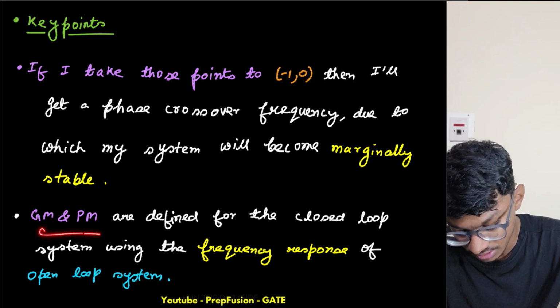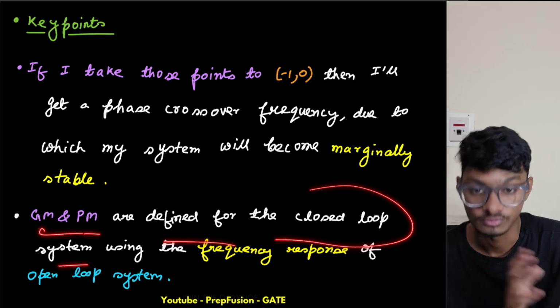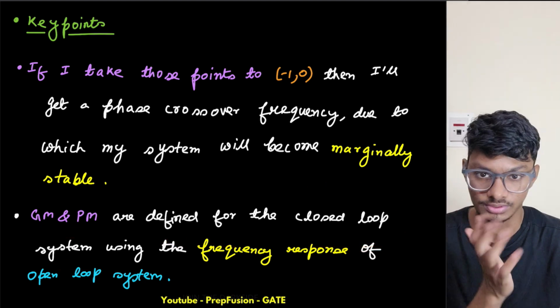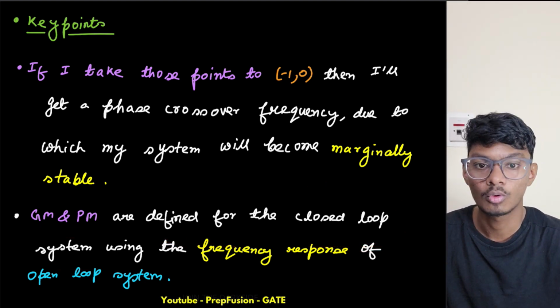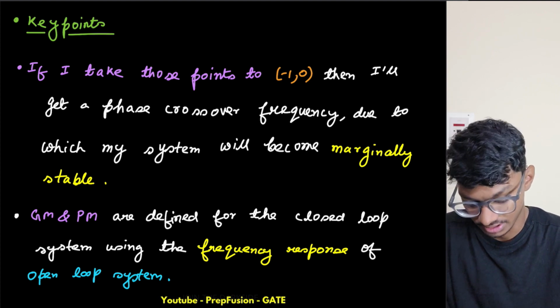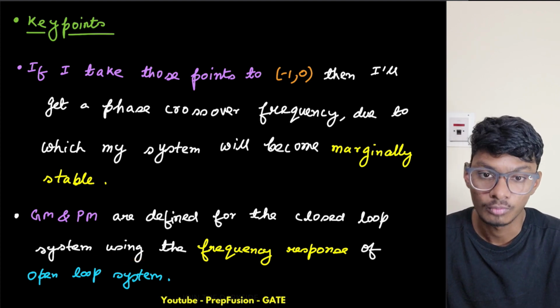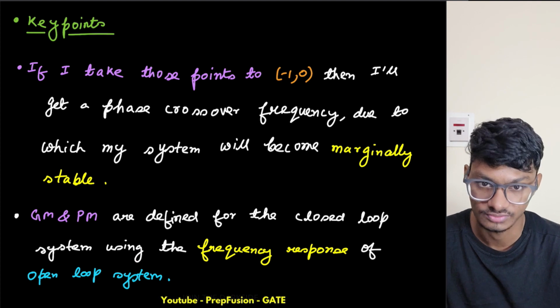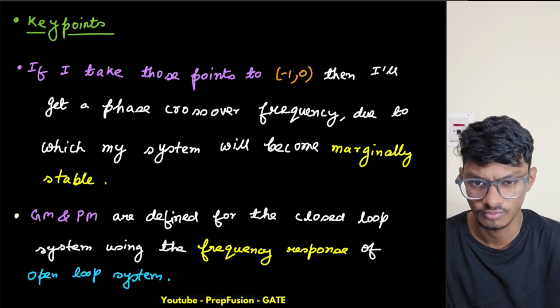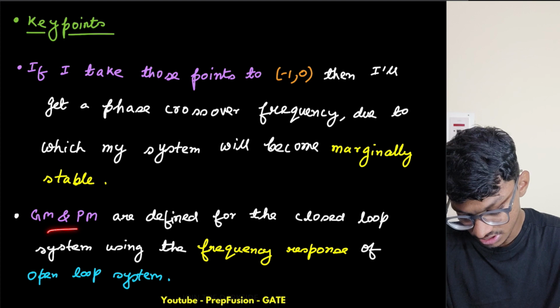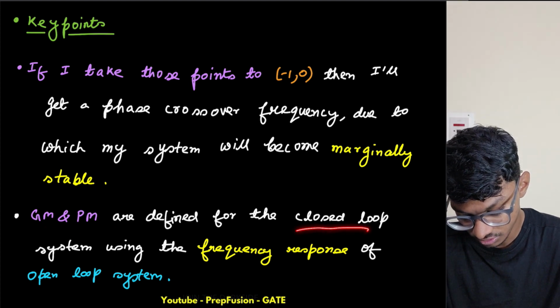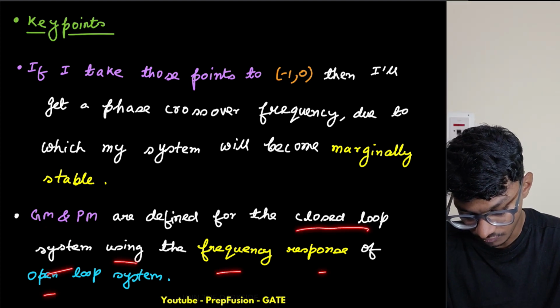So GM and PM are defined for the closed loop system. They are not defined for an open loop system. For an open loop system, there isn't any case; the OLTF is the transfer function of the system itself, with no need of CLTF. So GM and PM are defined for closed loop systems using the frequency response of open loop systems.